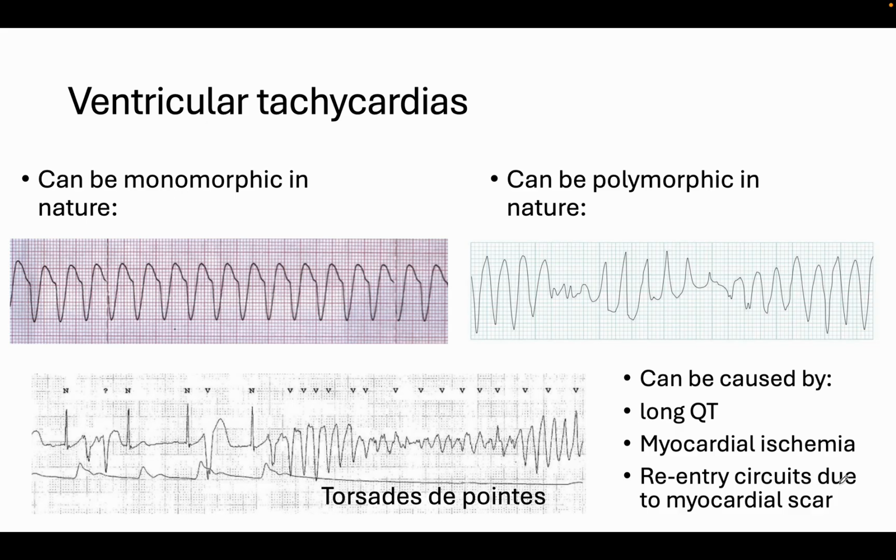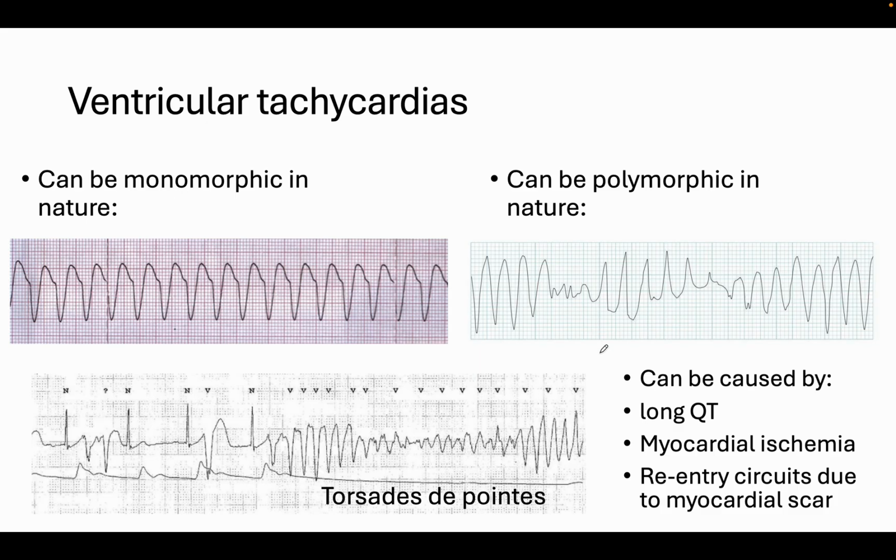And patients who have pre-existing myocardial scar, which could be due to an old myocardial infarction, or who have certain types of cardiomyopathy which have generated scar, you can get re-entry circuits forming within the ventricle itself, which can create these nasty ventricular tachycardias.